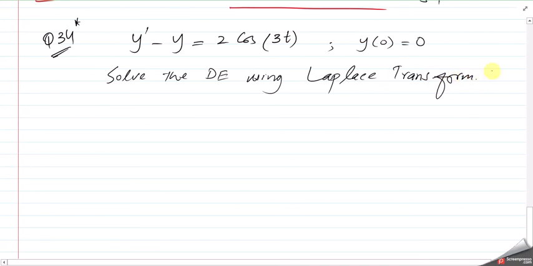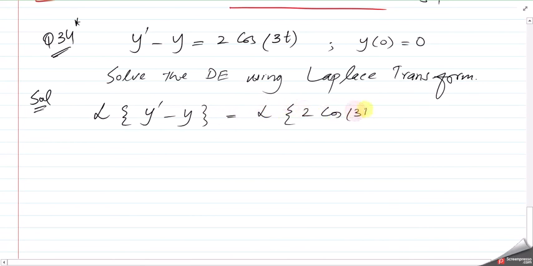Standard procedure. We start with taking Laplace on both sides. So y prime minus y equals Laplace of 2 cos 2t. Let's use 2t, that will give smaller numbers, easier to handle.